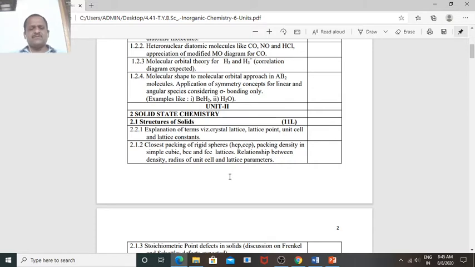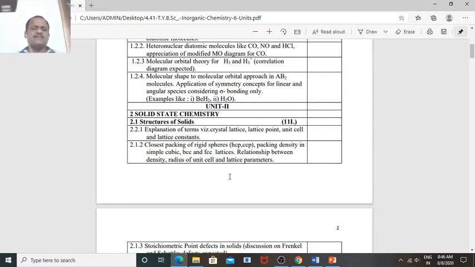In structure of solids, again we want to discuss how solids are formed, because I know that you had already learned solid state chemistry in 12th standard as well as in SYBSc, right? A little bit is different, otherwise nearly 80% of the content of this chapter is the content of previous years' chapters.